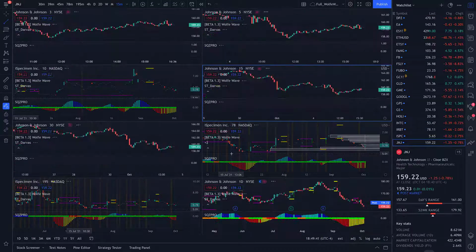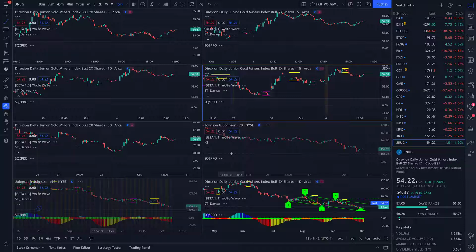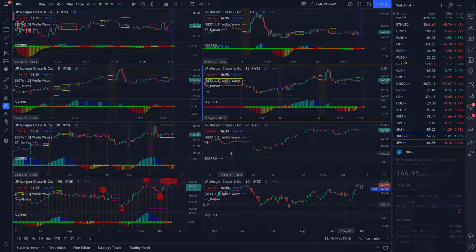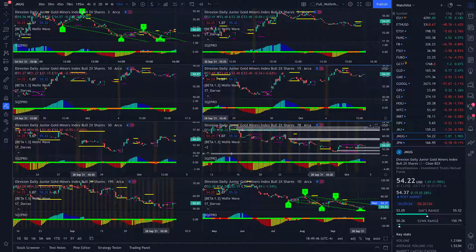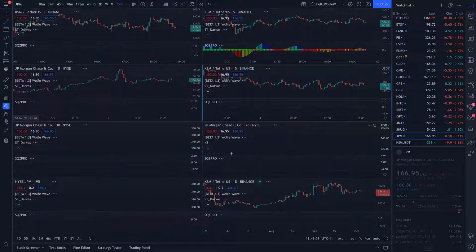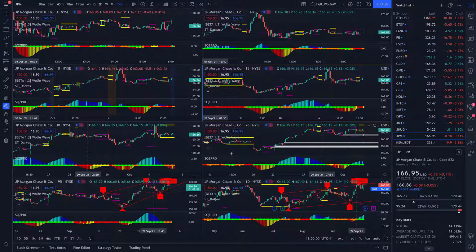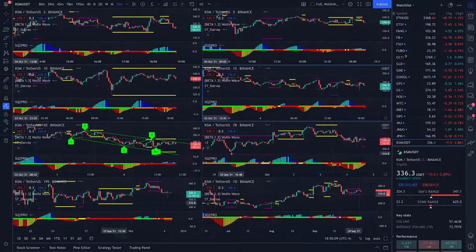Okay, let's see. Well, it looks like the miners are starting to pick up here, because you can see that the daily time frame Wolfe wave is kind of triggered, but these are pretty risky. JP Morgan's got a bearish Wolfe wave. Okay, go out with earnings just around the corner.